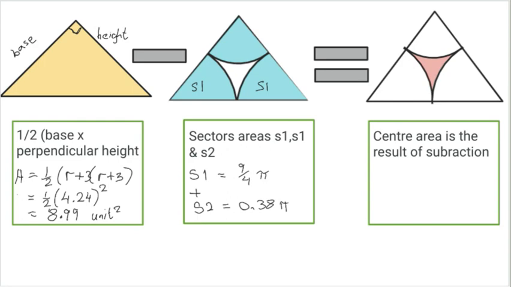Okay, so let's subtract all of this from each other, and we're going to get an area of 0.73 units squared in the center.